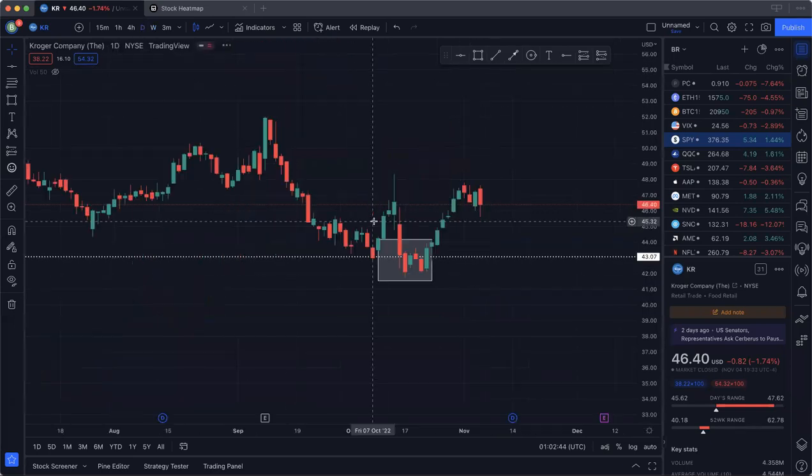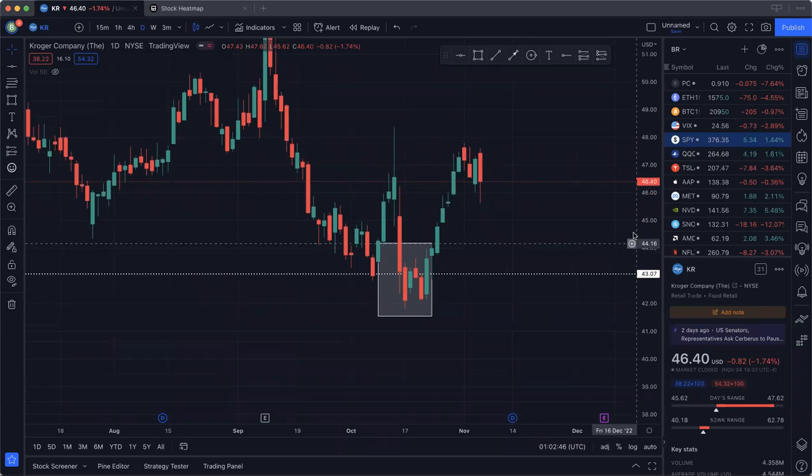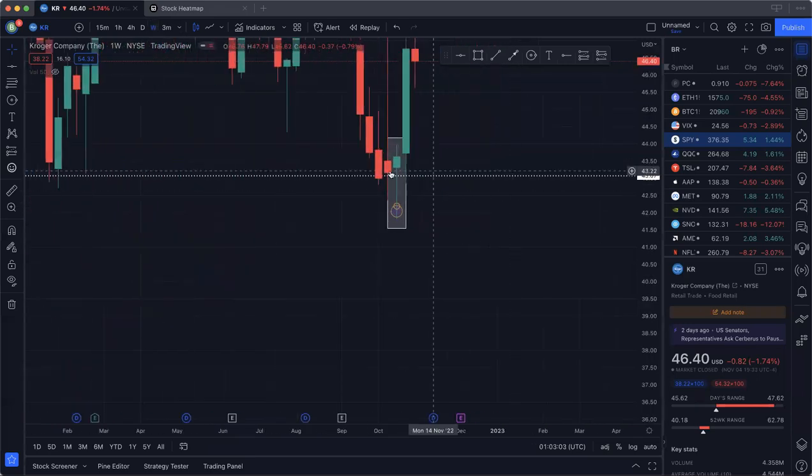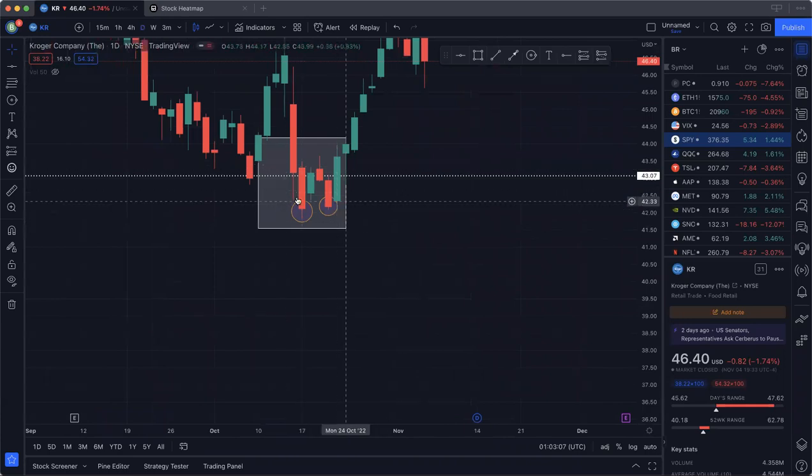So we go to the lower time frames. As you can see, we have a double bottom that formed here and here. That's something we can take note of that happened within this candlestick. If we highlight this whole weekly candlestick and go down to the daily time frame, we can see the two moves, or the double bottom, that formed within this candlestick.